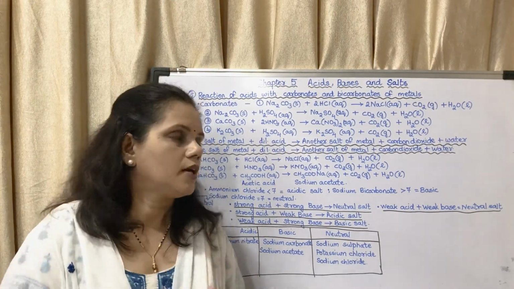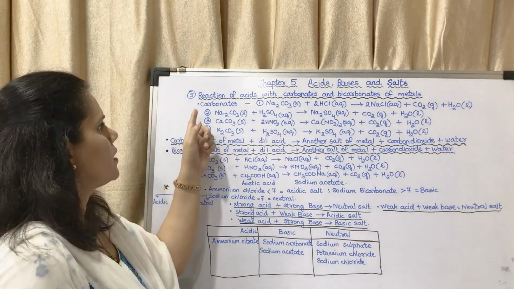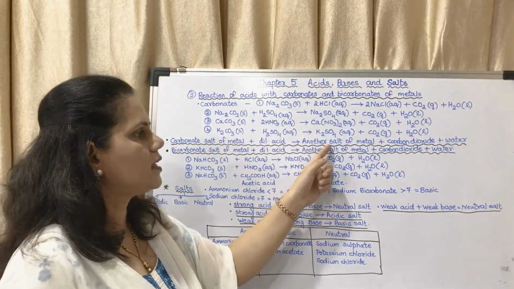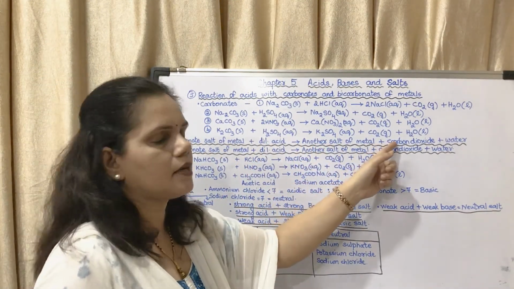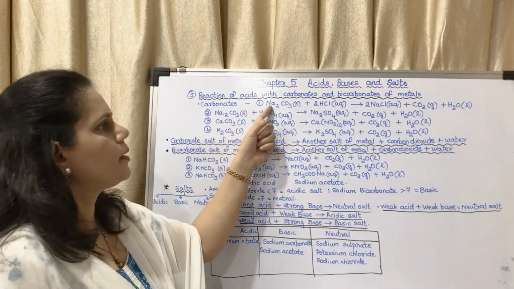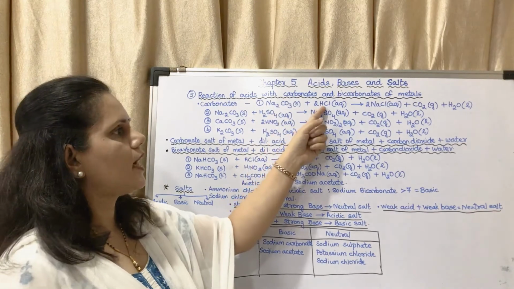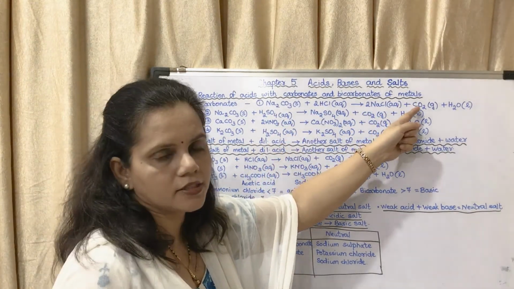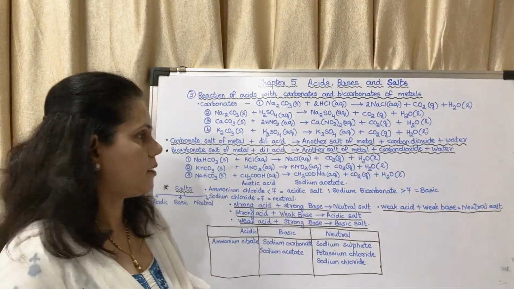So we'll come to the reactions in the textbook. The carbonates react with dilute acid to form another salt of the metal plus carbon dioxide gas plus water. So here sodium carbonate reacts with hydrochloric acid to form sodium chloride plus carbon dioxide gas plus water.